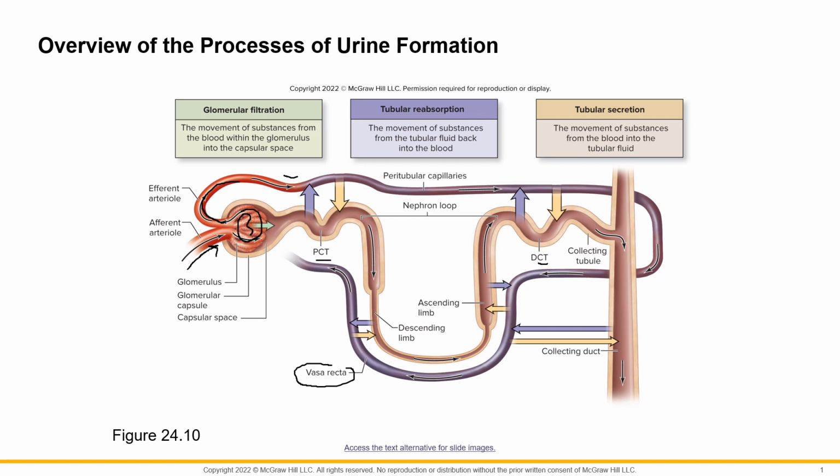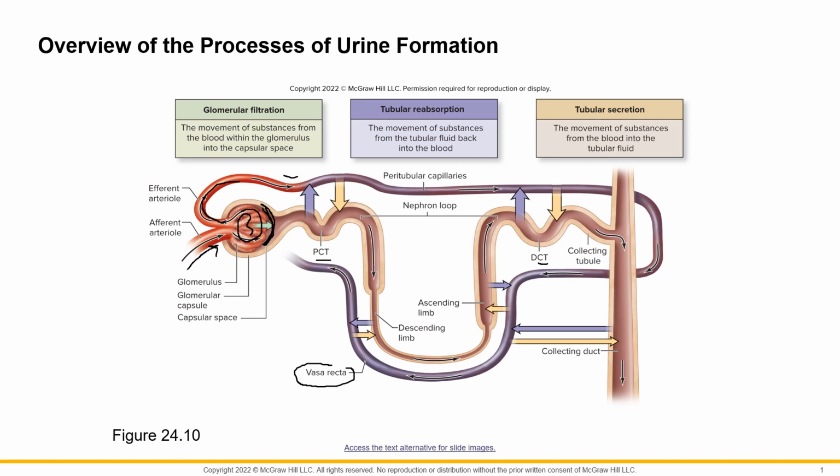Now there is going to be fluid that gets squeezed out. So stuff that doesn't get caught in the sieve gets squeezed out here into your capsular space, which is where I'm drawing right now. So this fluid that just exited from the blood capillary and got squeezed out into the capsular space is no longer blood, nor is it urine yet.